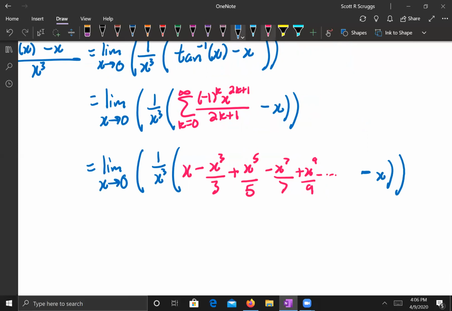From this, now I check and see. Inside the inner parentheses, can I cancel anything out? The only thing that seems like I can cancel is the x in blue and the x in pink, because I have x minus x. So those guys get to cancel.